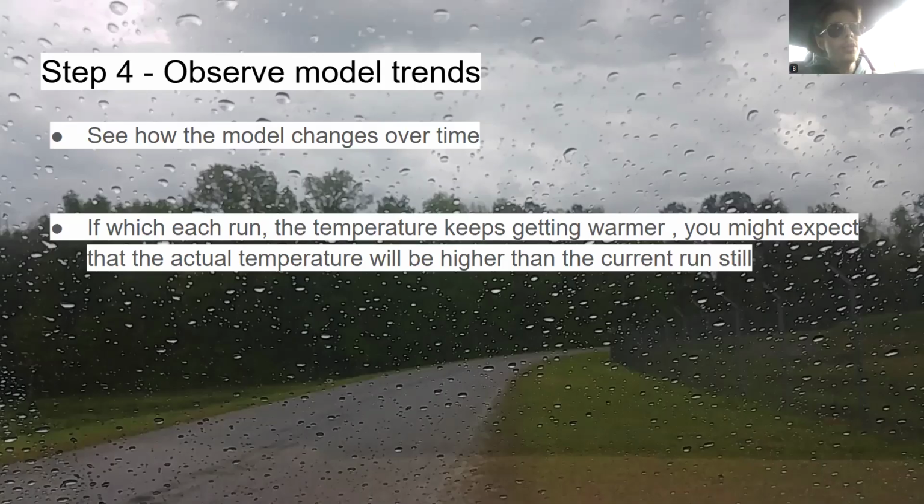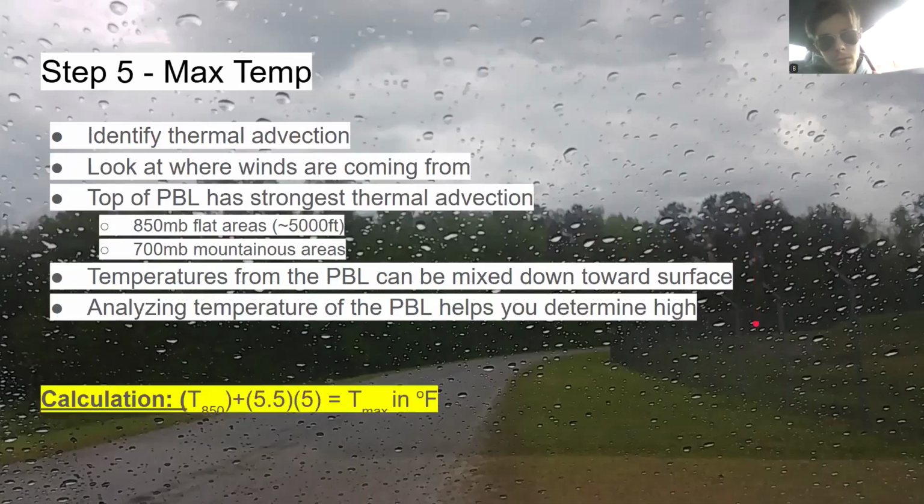So over time, see how those model runs for the same time change. Maybe the temperature is increasing. So with each new run that they release, the high temperature for Tuesday is increasing. Then you might say, well, if that trend is occurring, then maybe it will end up actually being higher than the most recent run.